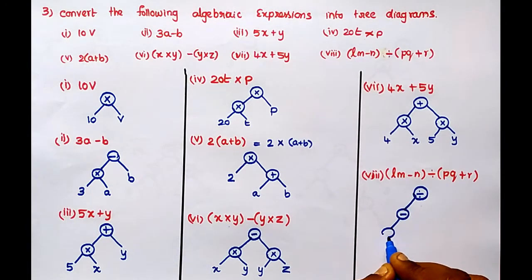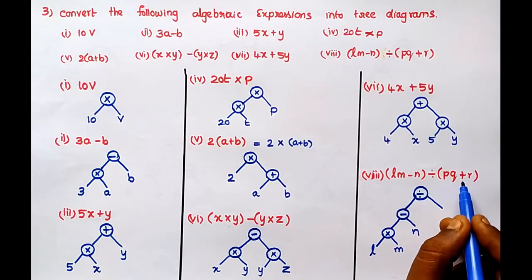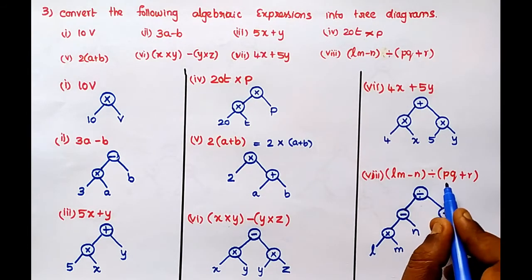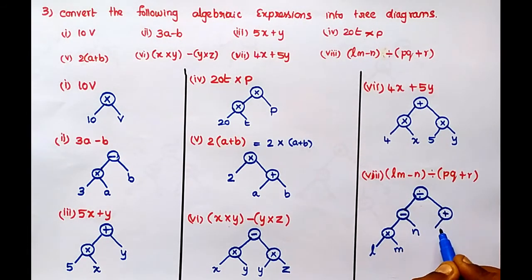So again into l and m, and n. So solve this bracket, means plus is main operation, plus which one and which one? p q and r. p q is multiplication. So multiplication p and q, and here r. So that is the answer.